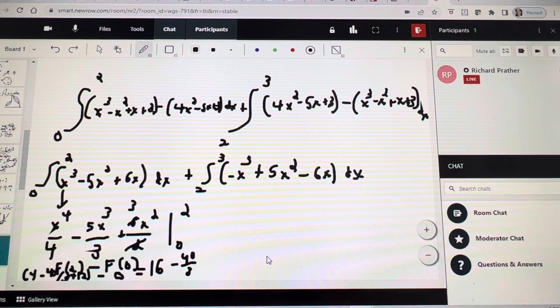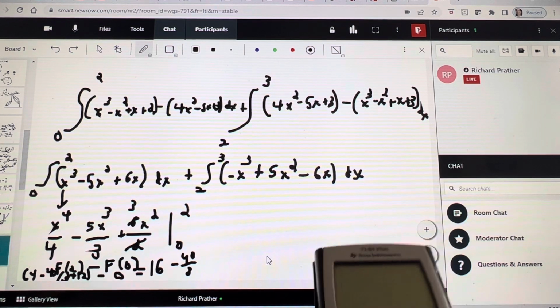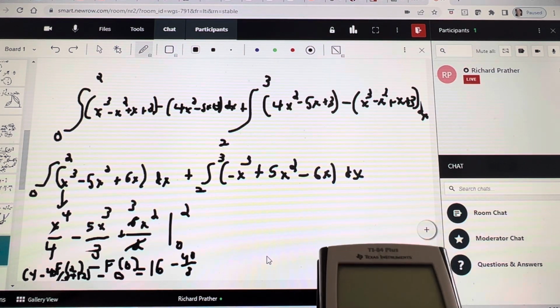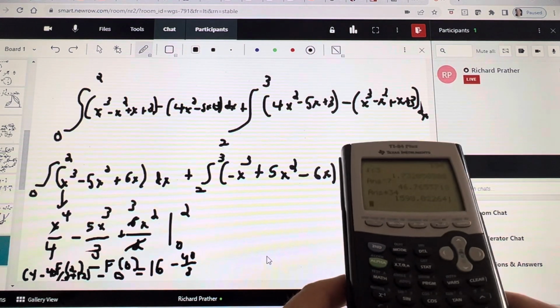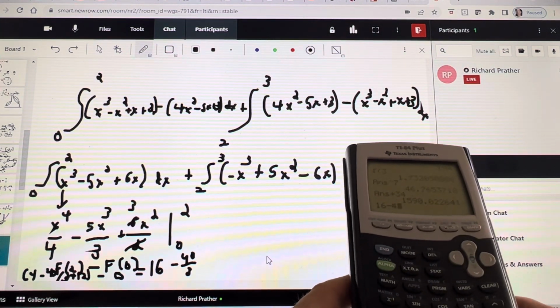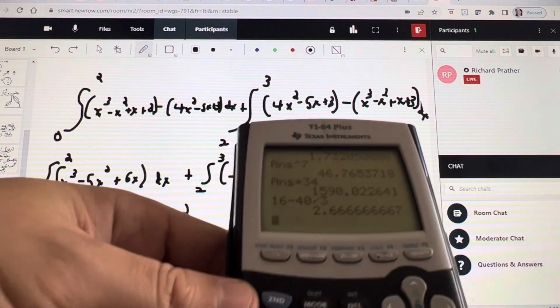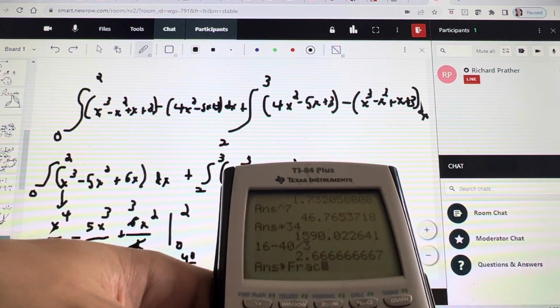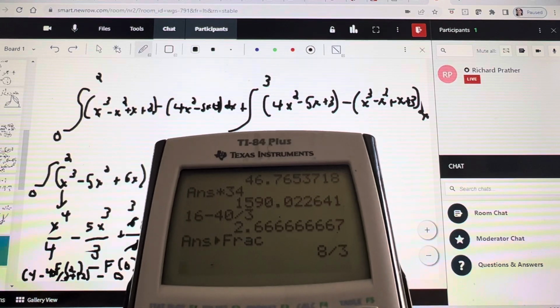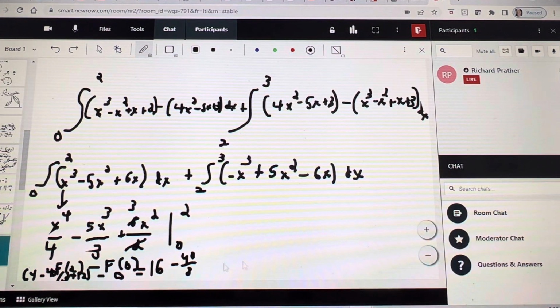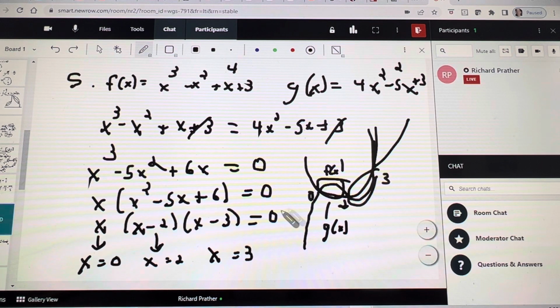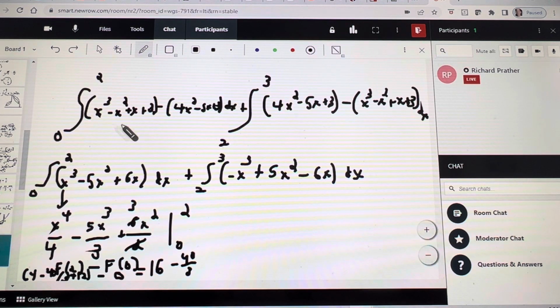And again, you can change 16 to 48 over 3. 48 over 3 minus 40 over 3 is 8 over 3, but if you can't do it that easily, 16 minus 40 over 3, math, enter, enter, is 8 over 3. So the amount of area in this little curvy wedge right here would be 8 over 3 is what that's saying. This portion equals 8 over 3.